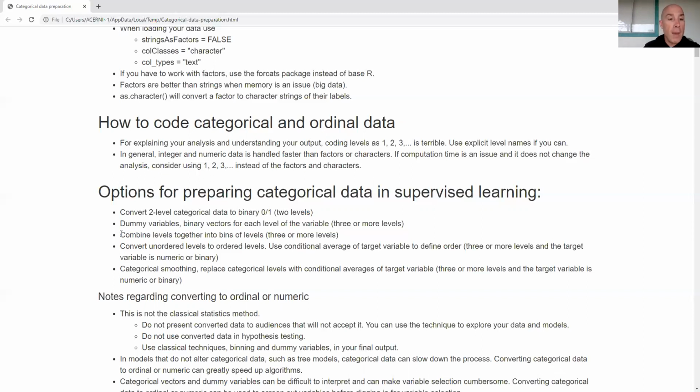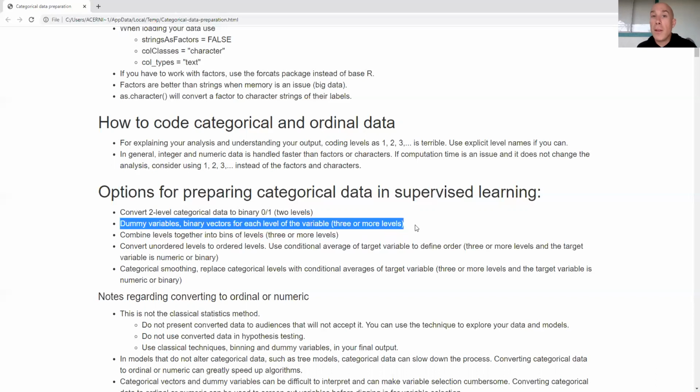Now, a major tool in our tool belt, so let me back up. Dummy variables are the classic statistics way of handling categorical data in linear regression and in other models. If you think about this from a matrix algebra point of view, I'm taking categorical data.